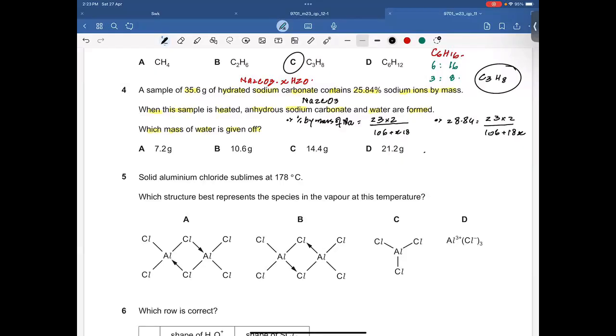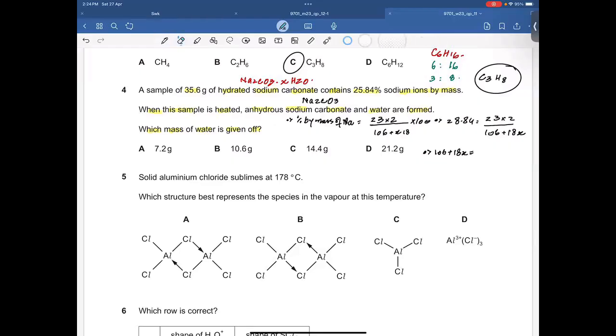So this must be the step now. 106 plus 18x equals to... Oh, times 100 as well. Okay. My bad.